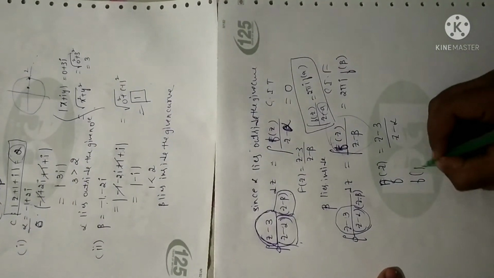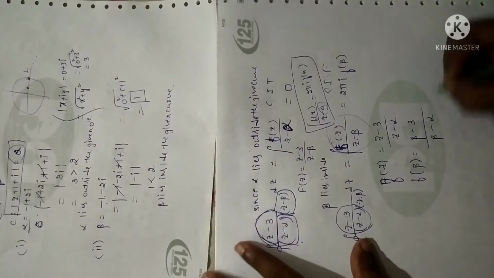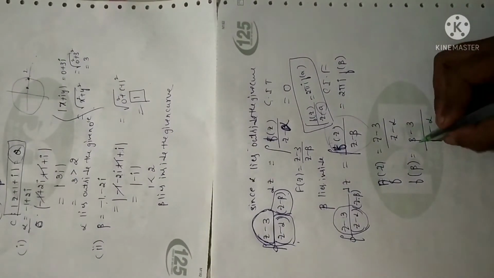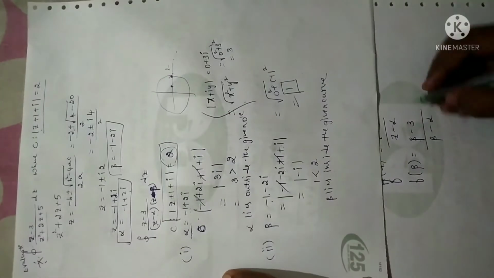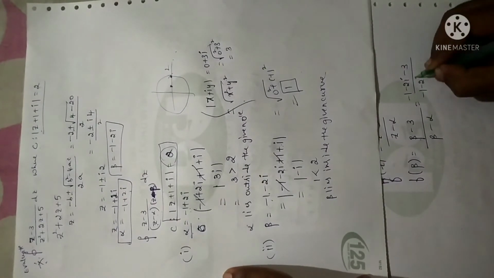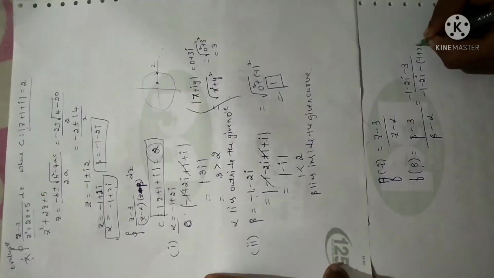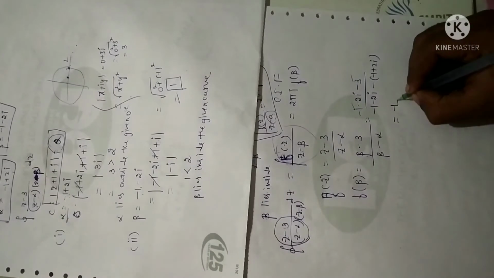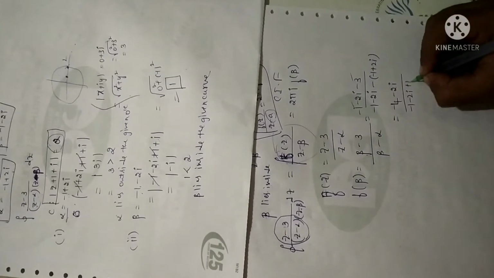In place of z, I'm going to replace it with beta: beta minus 3 divided by beta minus alpha. Let me simplify now. Beta is minus 1 minus 2i. Substituting, minus 1 minus 2i minus 3 divided by minus 1 minus 2i minus alpha, where alpha is minus 1 plus 2i. Minus 1 minus 3 is minus 4 minus 2i, divided by minus 1 minus 2i plus 1 minus 2i.